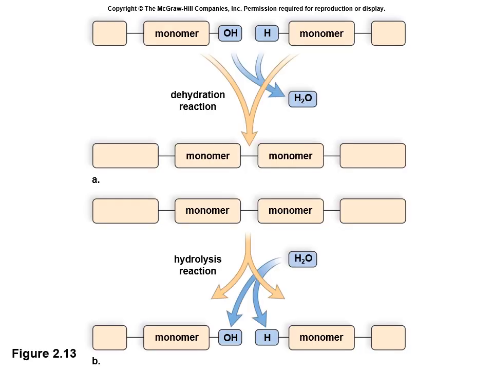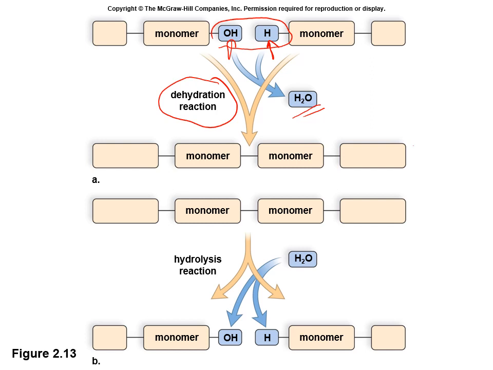So during dehydration reaction, water is removed. So this involves removal of water from the OH of one monomer and the H of the next monomer. They combine to be removed as a water molecule. So this process is known as dehydration reaction.